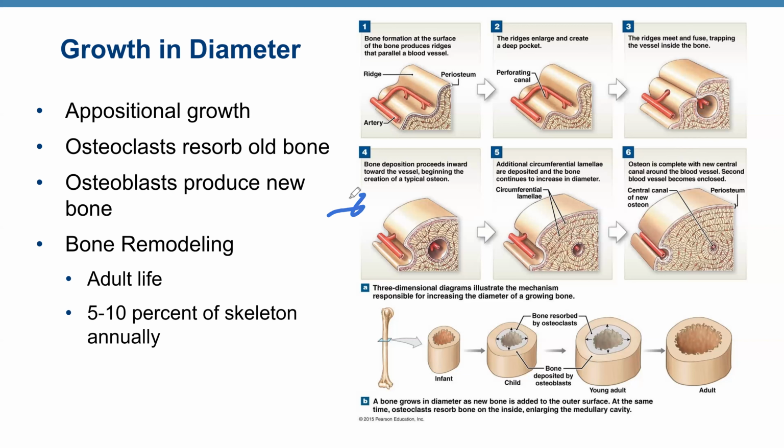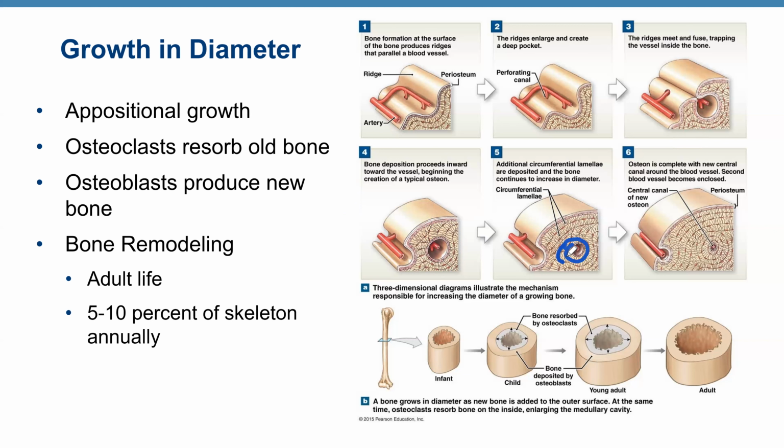Bone deposition proceeds inwards, right? So here we have too big of a canal. Deposition proceeds inwards towards the vessels, beginning the creation of a typical osteon. So here's our typical osteon. Additional circumferential lamellae are deposited and the bone continues to increase in diameter.